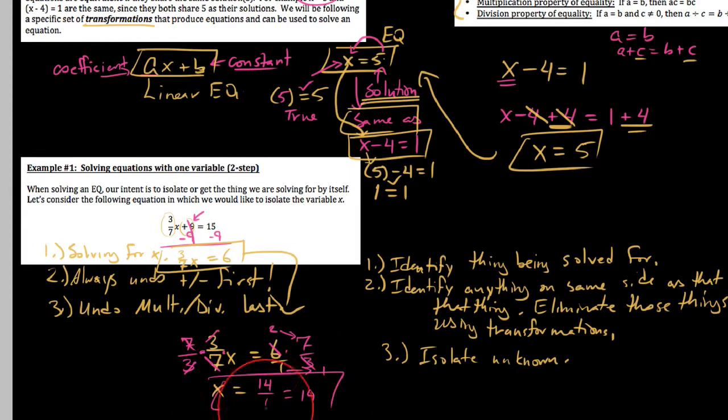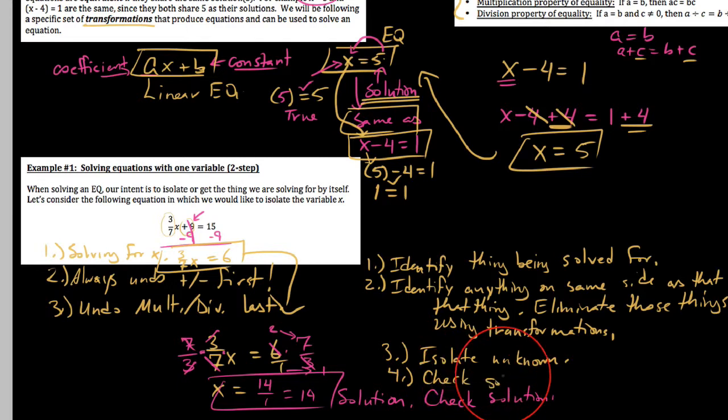So the one thing I want to point out here is this. We're going to refer to this as a solution to the equation. And we want to check the solution. Okay, so step 4 here is to check the solution. And we check this solution by plugging it back into the original statement because it has to make the original statement true. So for instance, here we had 3/7 times x plus 9 is equal to 15, where x we just discovered is 14.